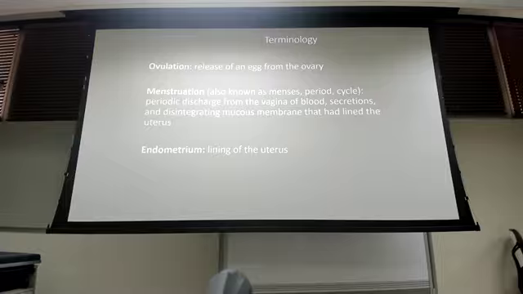Menstruation, which is also a term for when people say a period, or menses, their cycle, is just saying they're actually bleeding. There's actual discharge that is happening. And then your endometrium is the lining that they're usually shedding during their menstruation. So please make sure that you understand the difference between these words because people get confused on the exam when they see these words, okay?